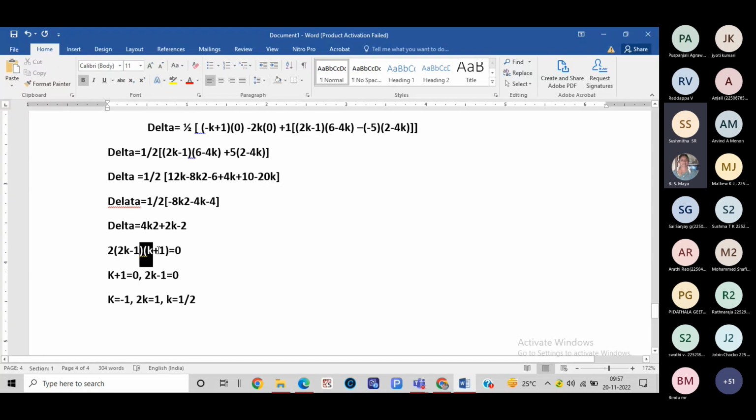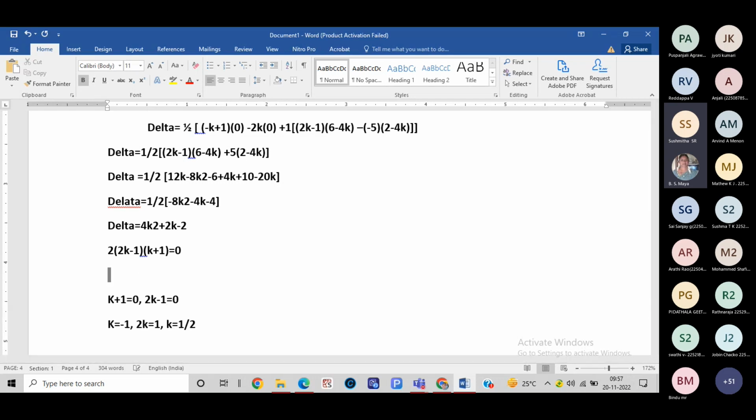So I am splitting this equivalent to 0: k plus 1 is equal to 0, and then 2k minus 1 is equal to 0. Taking the next step, if we cross multiply 2 by 0, that is cancelled, and 0 by 2 is 0.